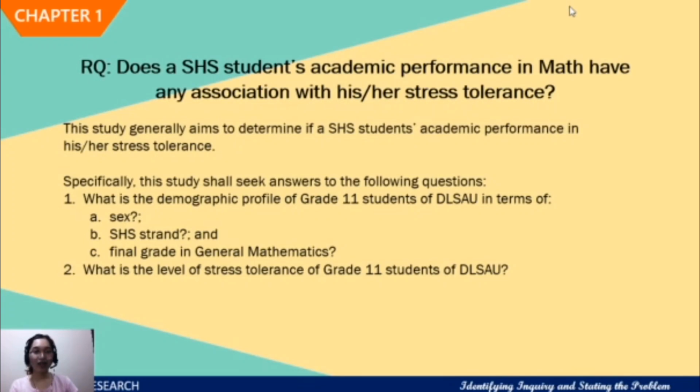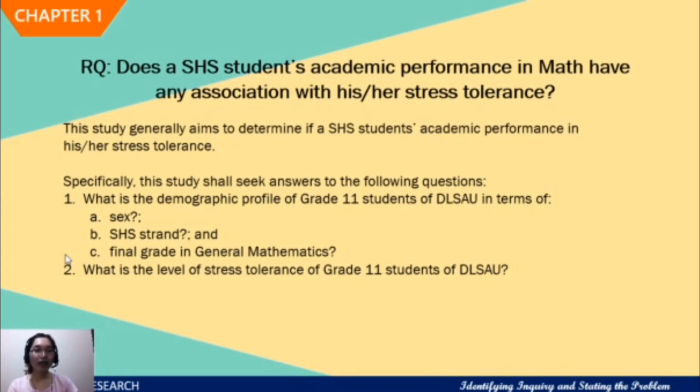And of course, you also need to measure the stress tolerance of the student. So, how are you going to measure that one? Ito na yung number 2 question. What is the level of stress tolerance of grade 11 students of DLSAU? So, yung gagamitin mo ditong, as I've said, yung research question mo, ito yung guide sa research instrument mo or sa survey questionnaire.